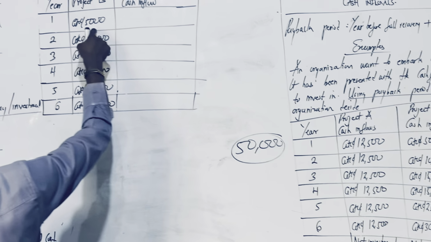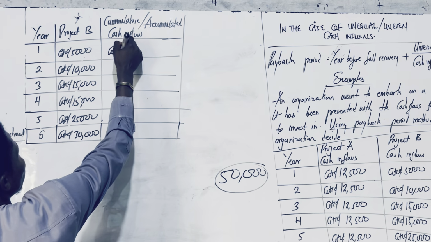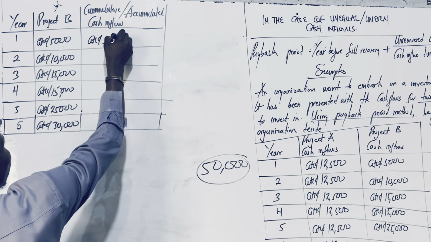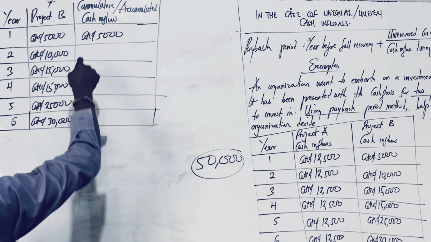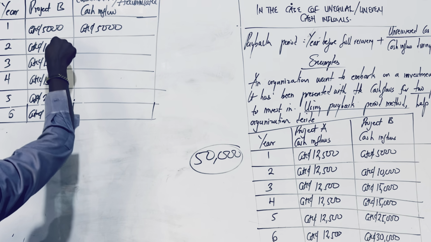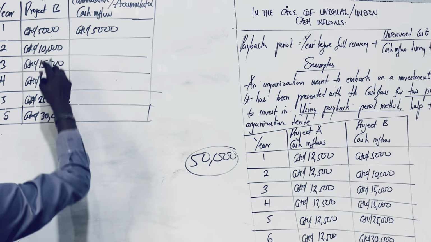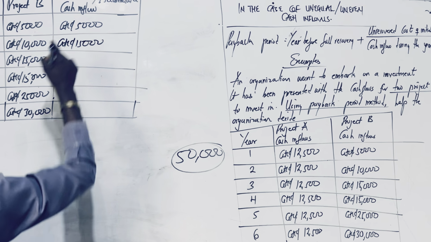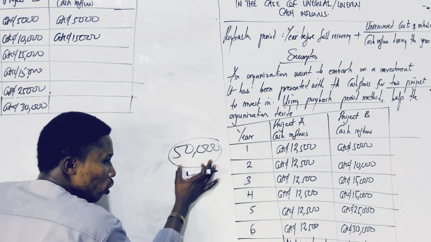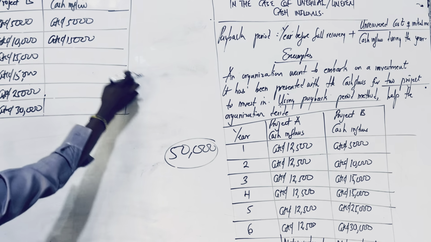First year we have 5,000. Then the second year cumulated, you add this to this, and I have 15,000, while keeping an eye on the initial cost of investment.